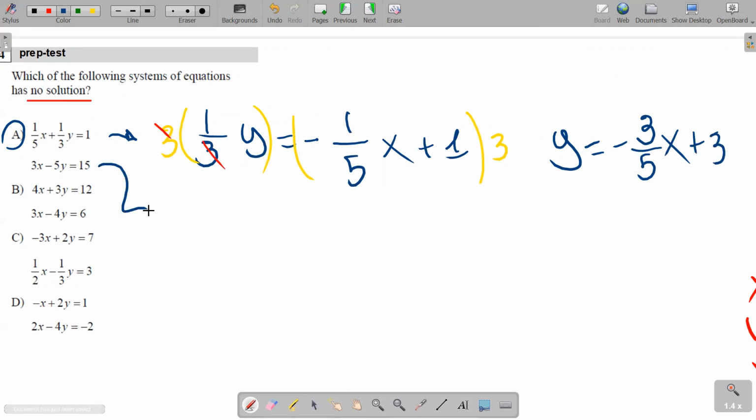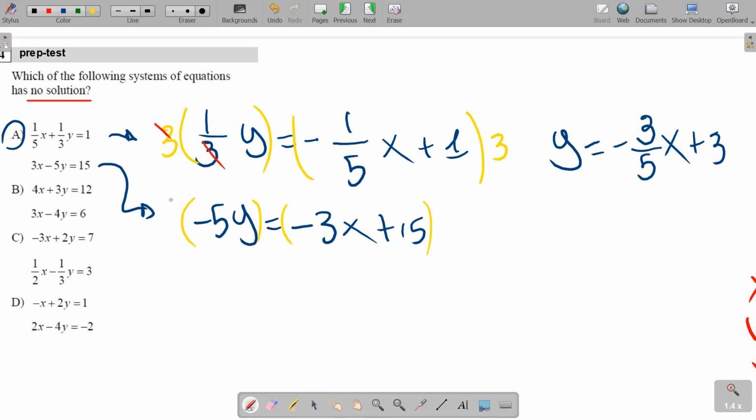I do the same procedure with the second one, moving the 3x to the other side, and I will get negative 5y equal negative 3x plus 15. And now, multiply both sides by the reciprocal of negative 5, which is 1 over negative 5.